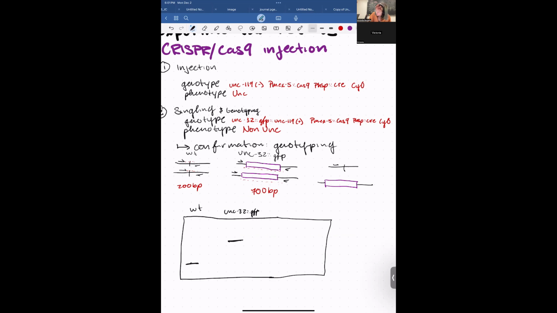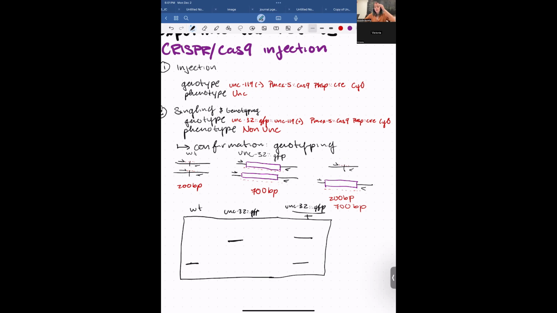So you would have the primers annealing on both chromosomes, and the amplification between them would be both the 200 base pair product and the 700 base pair product. And when you run the gel, you would see the presence of the heavy band and the light band.